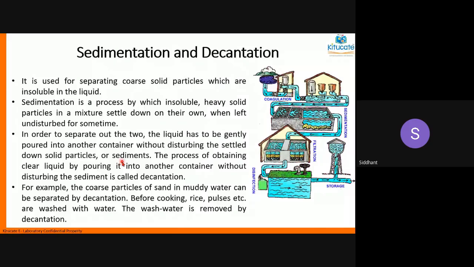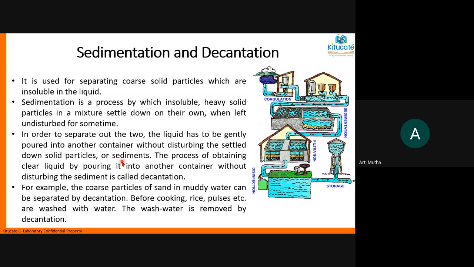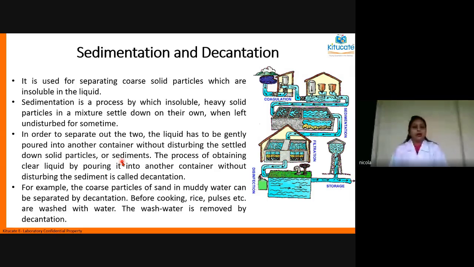That process of separation in which the heavier solid particles settle at the bottom and the liquid remains on the top is known as sedimentation. And what is decantation? When you pour the liquid into another container, that is called decantation. As I told you, when your mom washes rice or pulses, then she discards the water. She removes the water by the process of decantation.